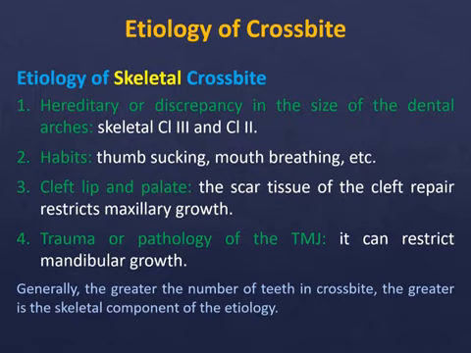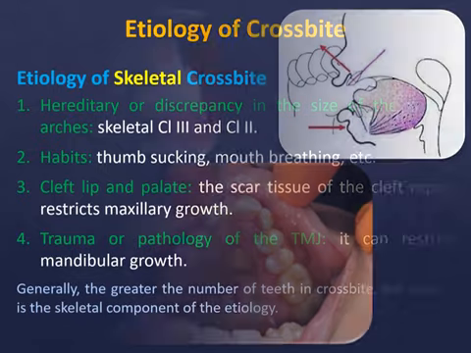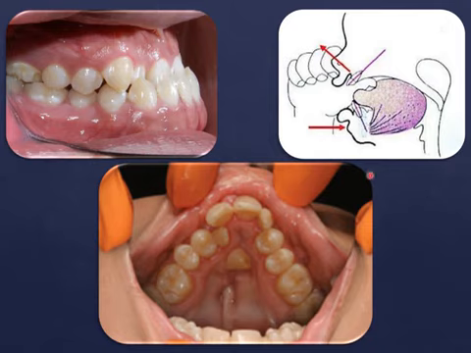As a general rule, the greater the number of teeth in crossbite, the greater is the skeletal component of the etiology. You can notice here there is a discrepancy in the size of the maxillary arch and the mandibular arch.